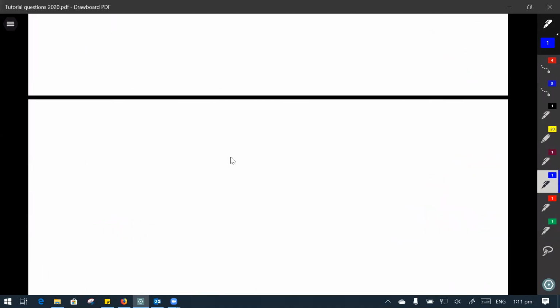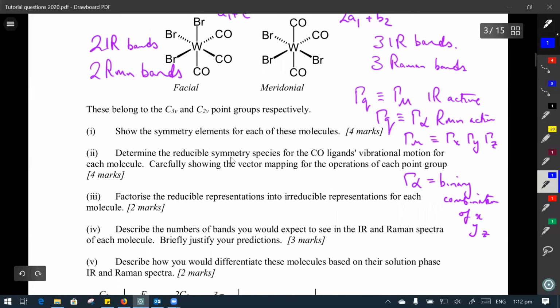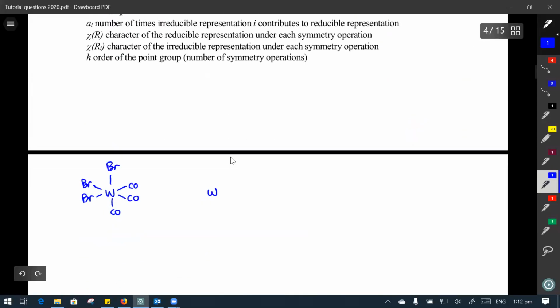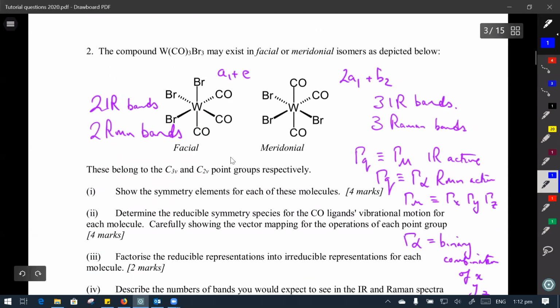So we've got our facial isomer. We have our meridional isomer. I'll just try and draw it the right way. Sorry. Yep, that's okay. That's great.